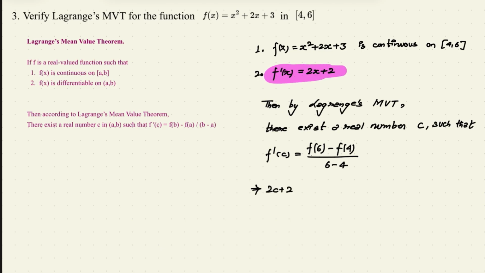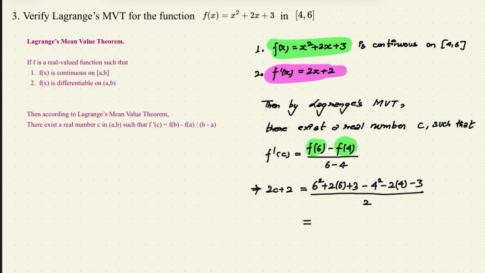2c plus 2 equals the value of f of 6 from equation 1, which is 6 square plus 2 times 6 plus 3, minus, similarly the value of f of 4 from equation 1 will be 4 square plus 2 into 4 plus 3, whole divided by 6 minus 4 is 2.